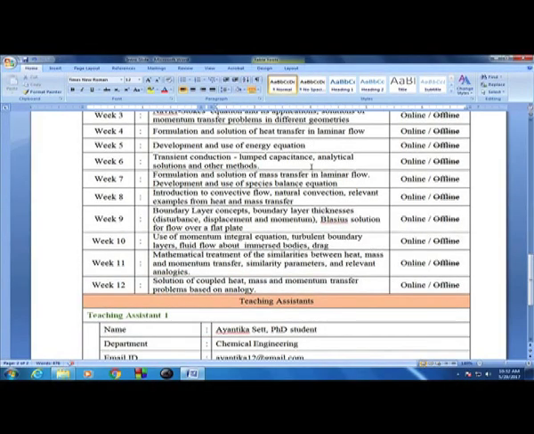We will see that subsequently. The same will also be done for mass transfer in laminar flow, and we will use equations as in the Navier-Stokes equation or the energy equation, the species balance equation, which is nothing but the mass balance equation, the equation of continuity, the conservation of heat and mass transfer.